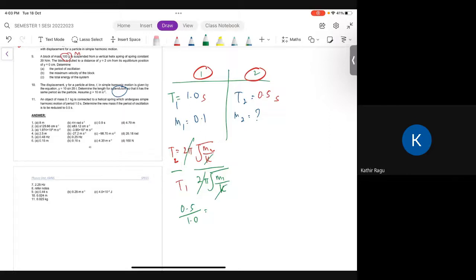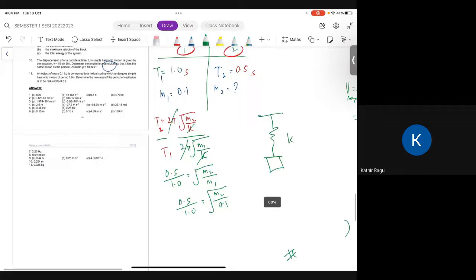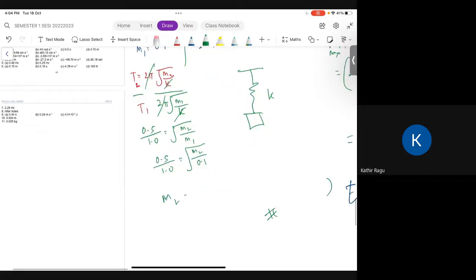Kenapa K mati? Sebab still using the same spring. K adalah constant, depend on the material. Okay, so dia akan jadi square root M2 over M1. So 0.5 divided by 1, M2 you want to find, M1 you adalah 0.1. So you can determine M2.